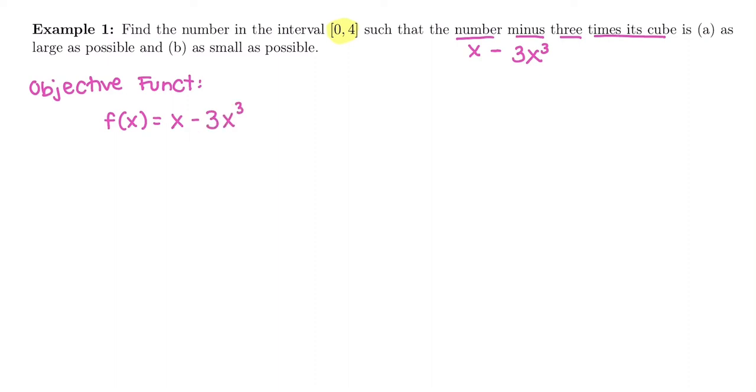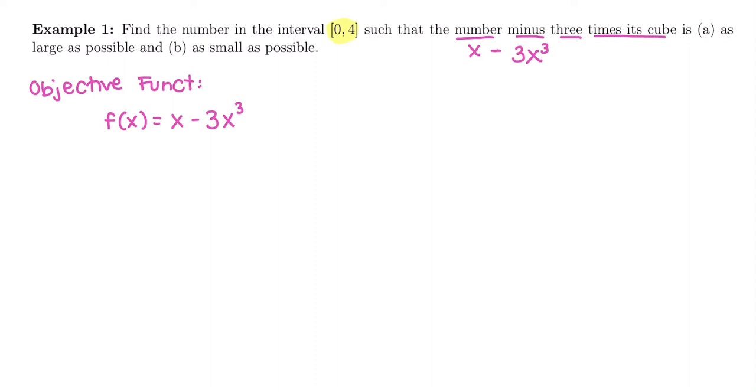That number minus 3 times its cube. If it said that number plus 4 times its square root, I would have x plus 4 square root of x. So we just have to read the problem closely and write our own function based on what it's saying.